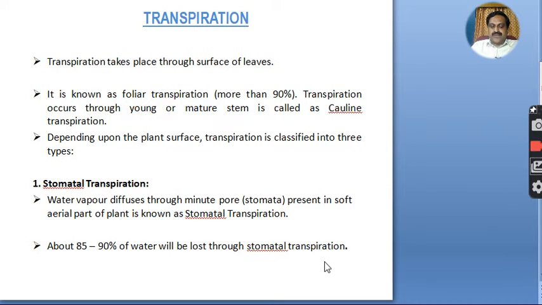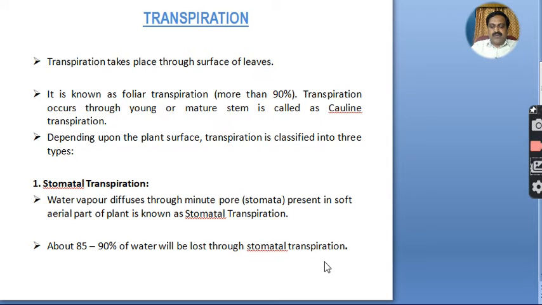And it is learned that only a small fraction of the absorbed water is utilized by the plant body for growth, development, and for various metabolic activities. Say, for example, 100% of water is absorbed by the plant body.